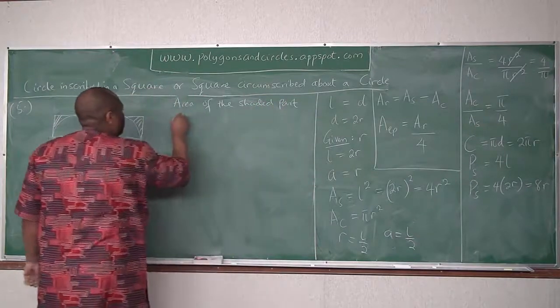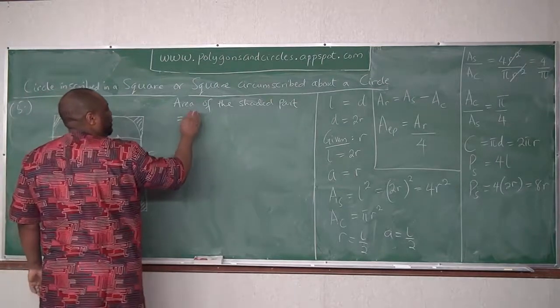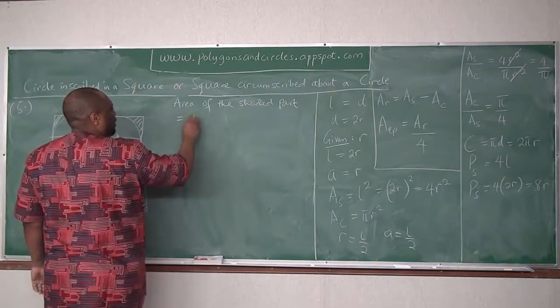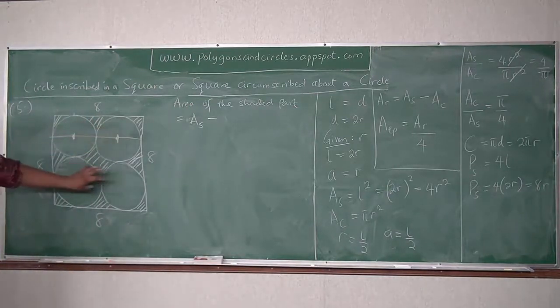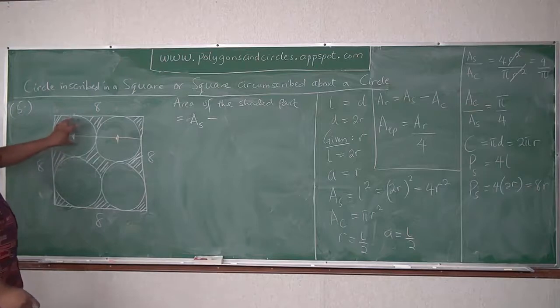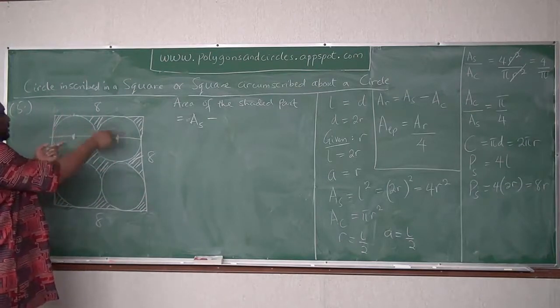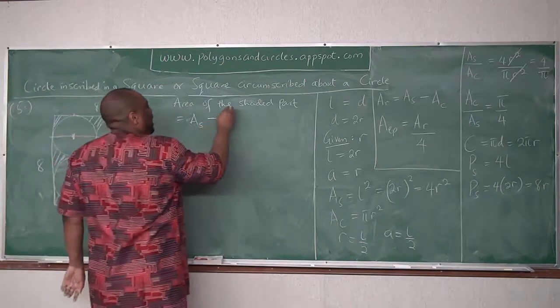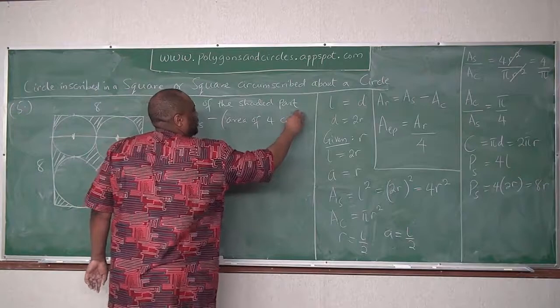The area of the shaded part is equal to the area of the whole square, let me call it AS, minus the area of the 4 circles. Because the whole area is the square, minus the area of the 4 circles.